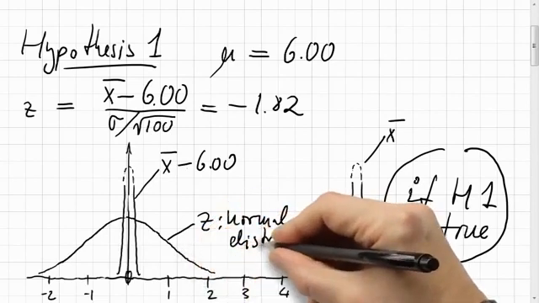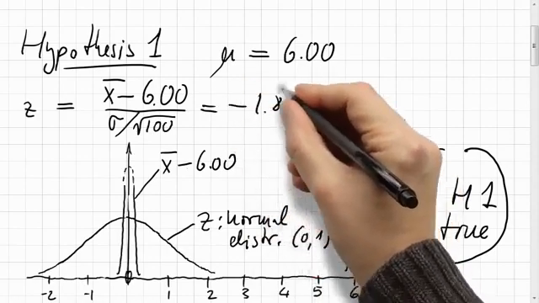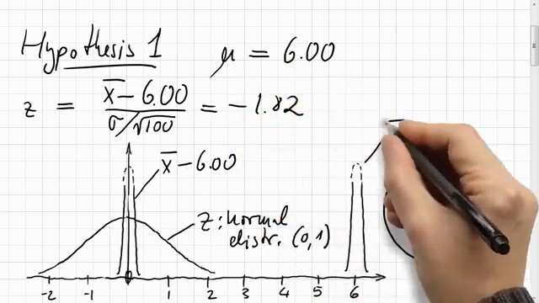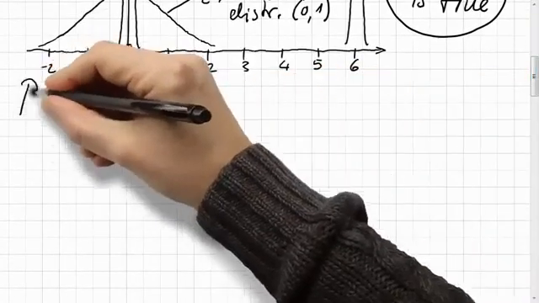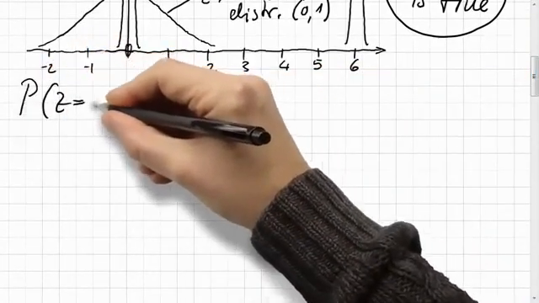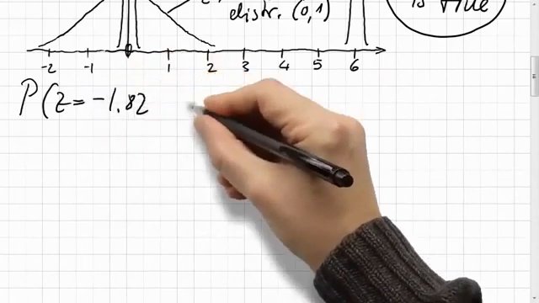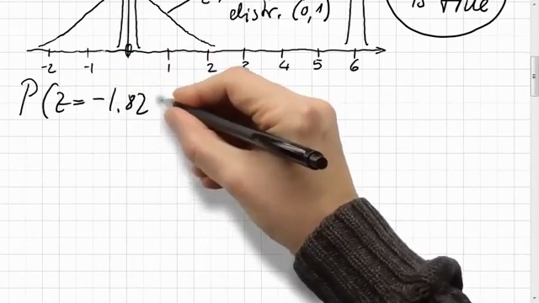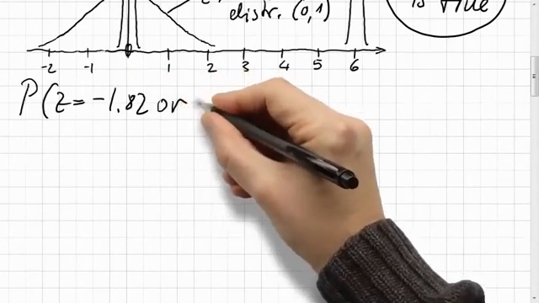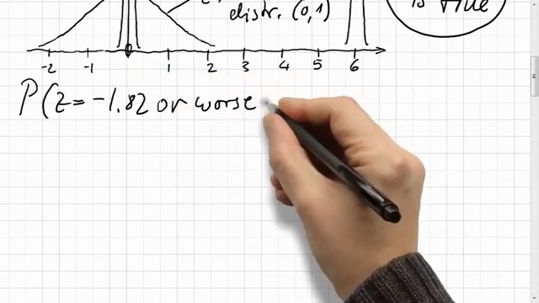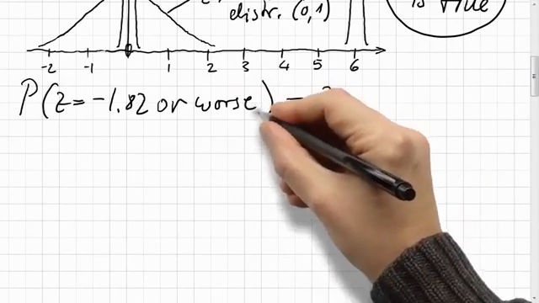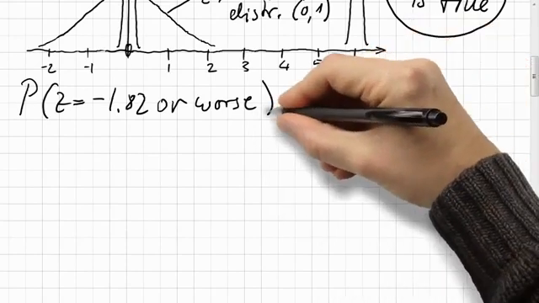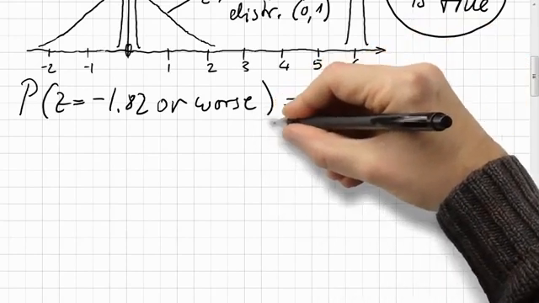Now we can use the normal distribution to learn what the probability of this value is. Actually, it's not the probability of precisely this value, minus 1.82, because that probability would be 0. You have to say it's this value or worse to get something that's different from 0. If you can show that this probability is small, given the hypothesis, then we know something's wrong about the hypothesis.